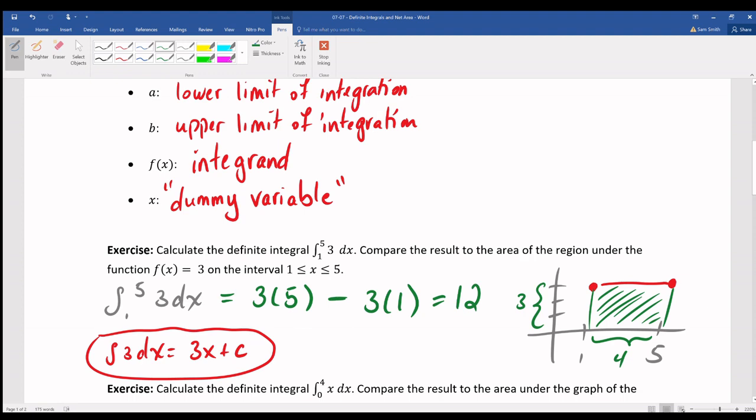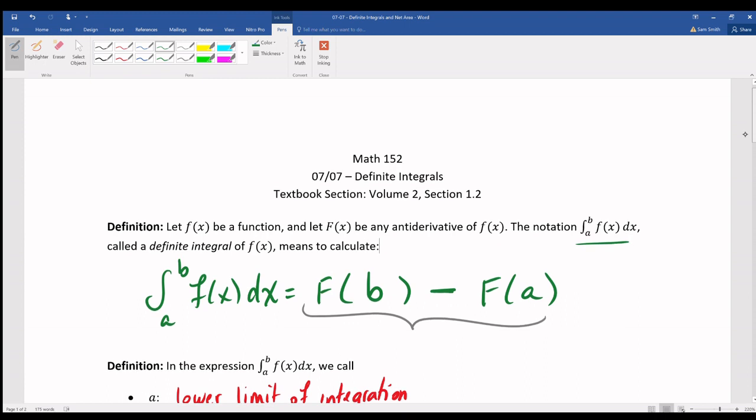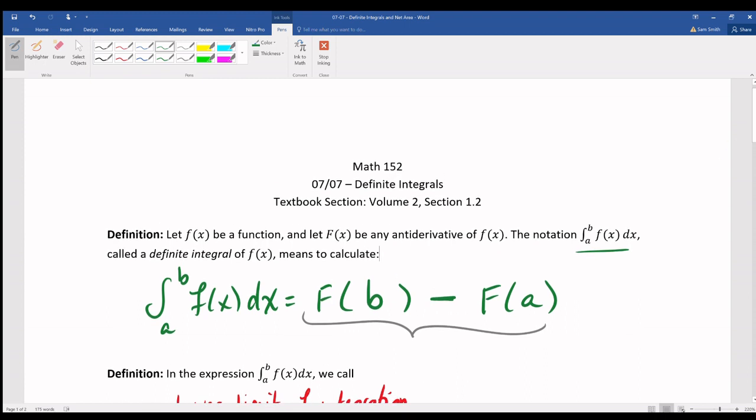Now at this moment, I'm going to introduce some notation that can make it a little bit easier to show your work as you're doing these problems.